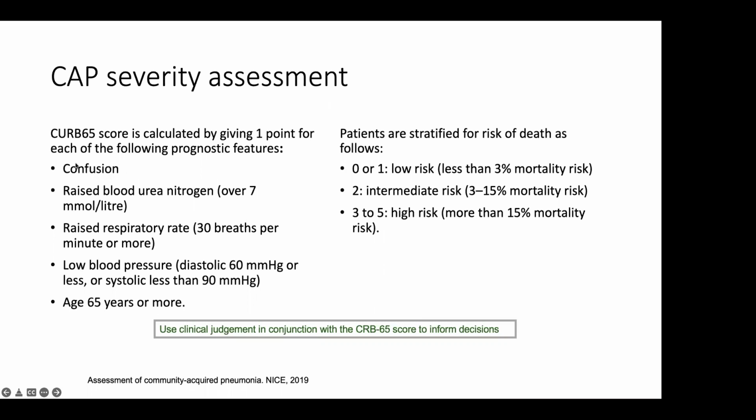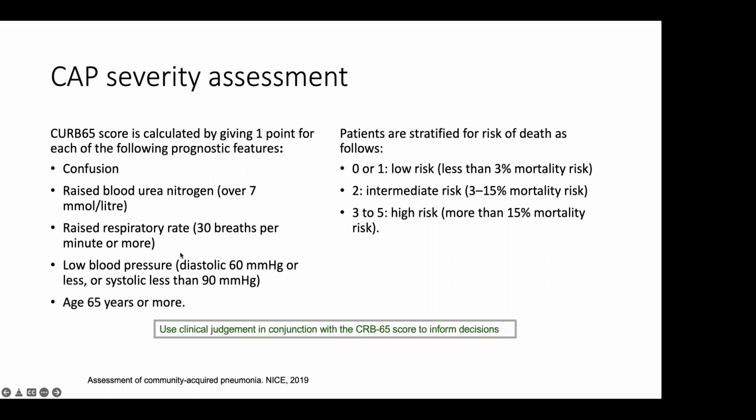For example, if Vuyo is confused, if we can confirm that he's got a high urea or in acute renal failure, if he's got the respiratory rate of above 30 breaths, remember he has an RR of 24 breaths. If he's hypotensive, if I remember the blood pressure was normal, and also if it was an elderly patient, and I remember he's 45 years old.